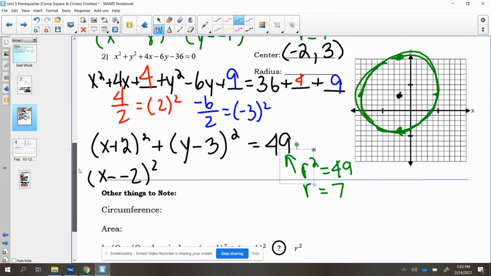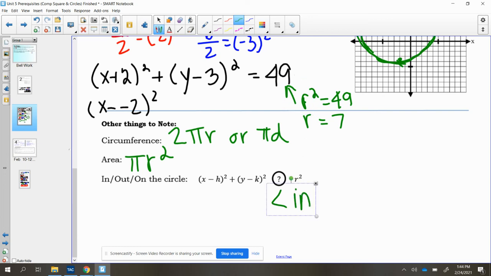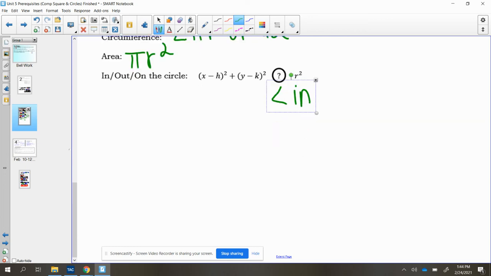Okay, some other pieces to note. We talked about this a little bit earlier, that the area of a circle is pi r squared. Circumference is 2 pi r, or pi times the diameter. And when we talk about something being inside, outside, or on the circle, it is going to be inside of the circle if our r squared value is larger than what we get when we plug in the x and the y points on the left.